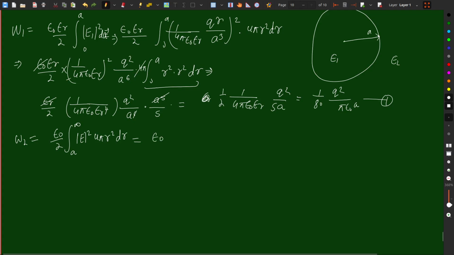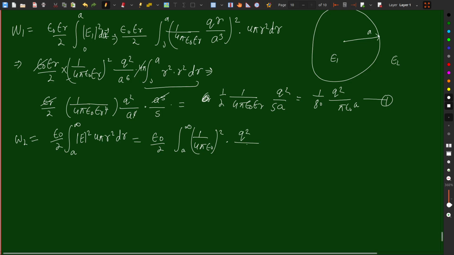Epsilon naught by 2, and putting the value, a to infinity, 1 over 4 pi epsilon naught whole square, Q square over r to the power 4, 4 pi r square dr.